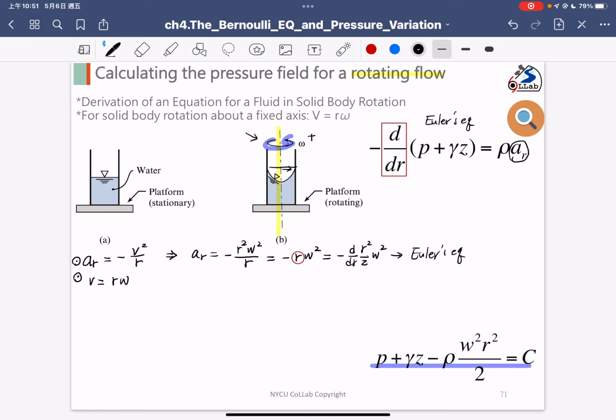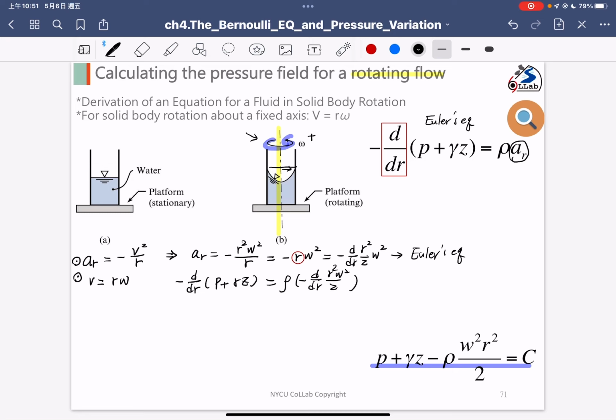So we put this relationship into the Euler equation. We can rewrite the Euler equation as minus d/dr of (P plus gamma z), our piezometric pressure, equal to rho times a_r, which is minus d/dr of (r squared omega squared over 2).